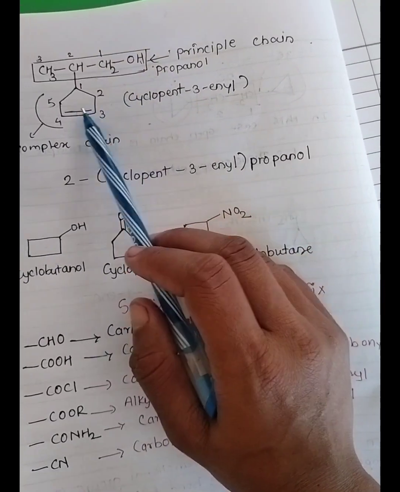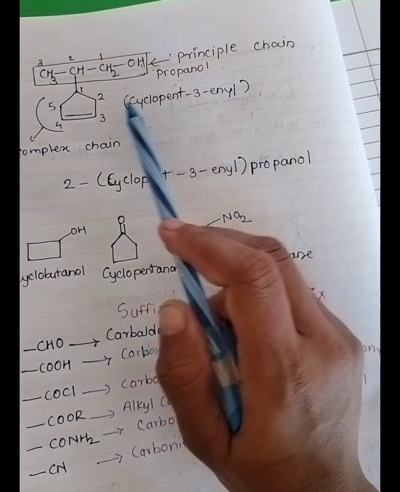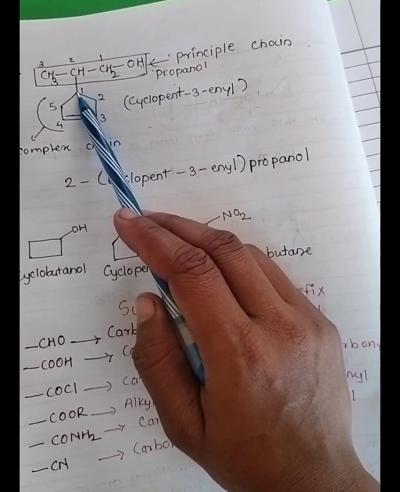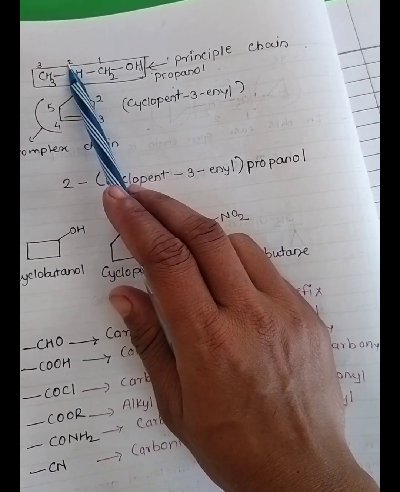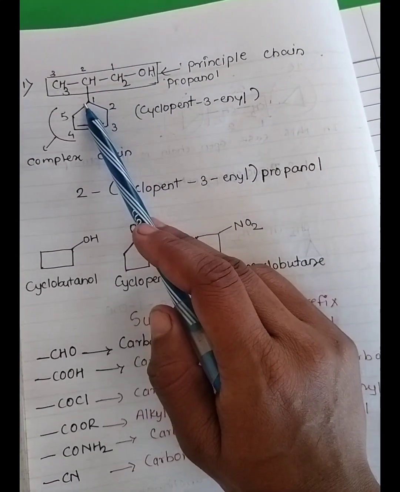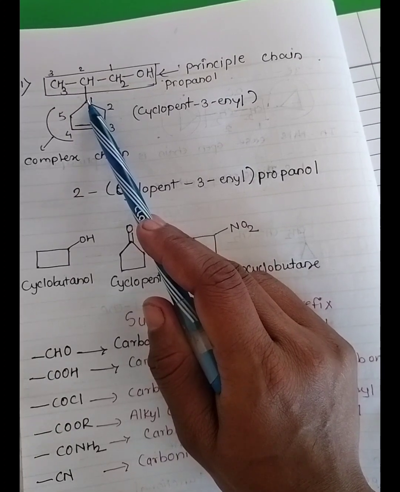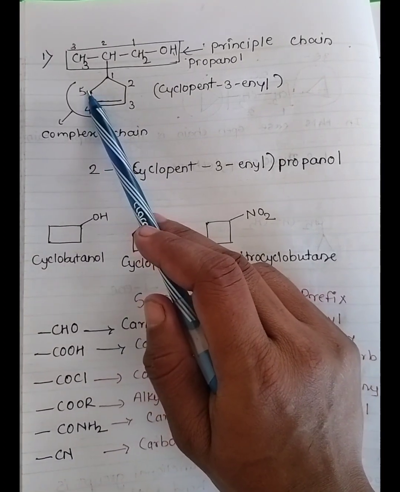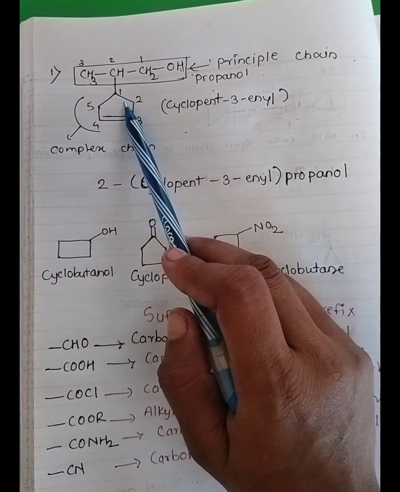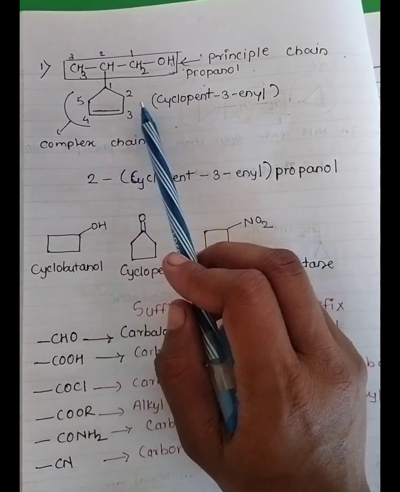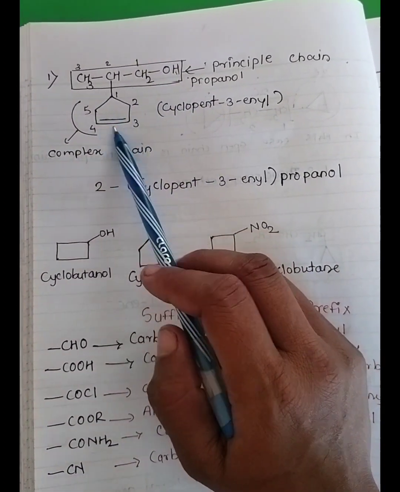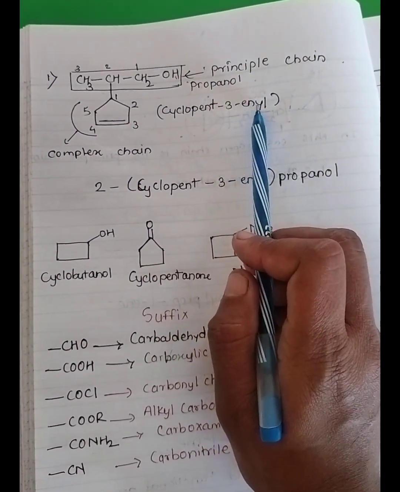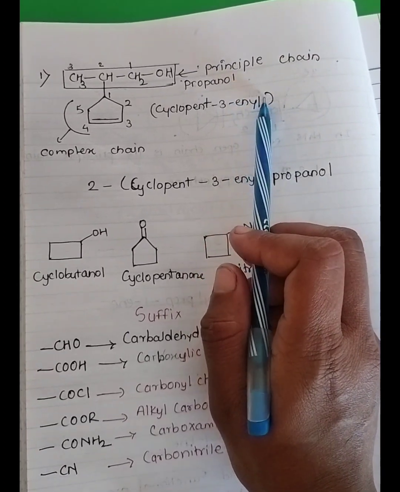We write the name of the complex chain in brackets. It is cyclic, so cyclo. The linking site is attached to the second carbon. We number this side so that the linking site gets the lowest locant, so 1 2 3 4 5. There are a total of 5 carbons, so cyclopent, and at the third carbon a double bond is present, so we write ENYL.